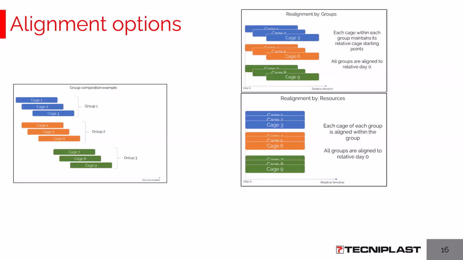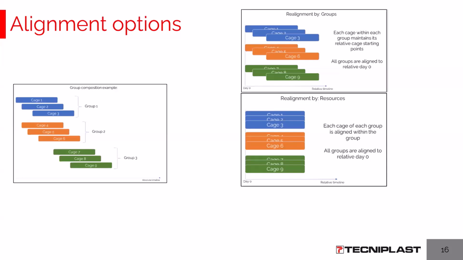So if you realign a cage to start being analyzed from 10 a.m. in the morning, and another cage that has been created in the afternoon, and you click this resources realignment, it will be moved to the relative day 0, but this will be 4 in the afternoon as a day 0. So you are comparing 10 a.m. from the first cage with 4 p.m. of the second cage. So you have to handle this bias in time realignment, and there is a way. I show you immediately how to fix this, because otherwise, obviously, it's wrong.